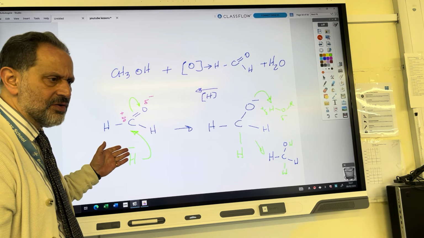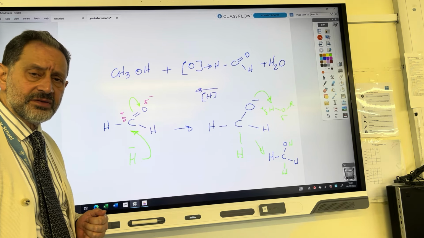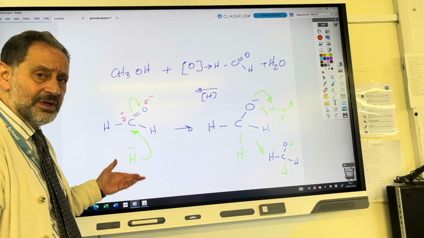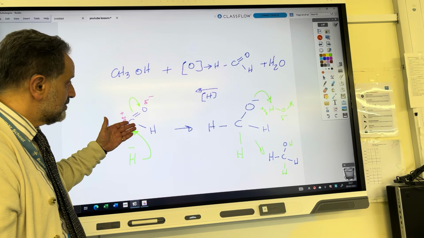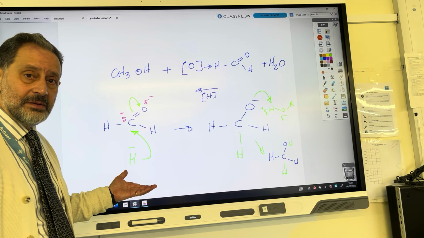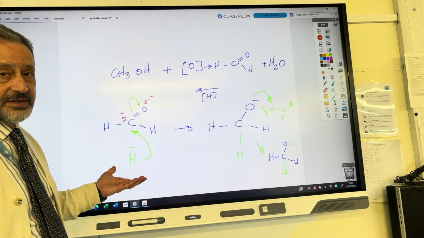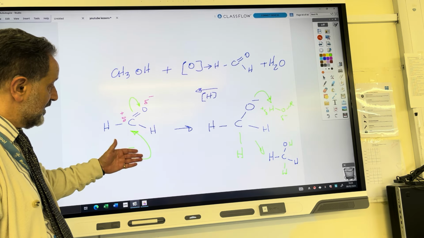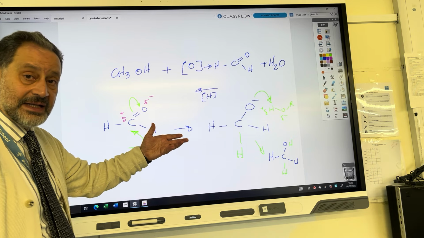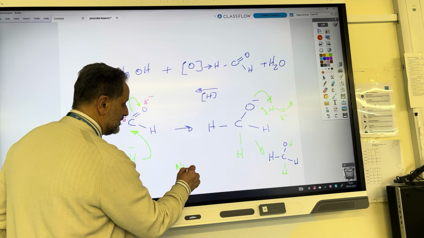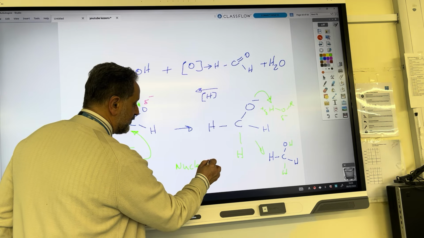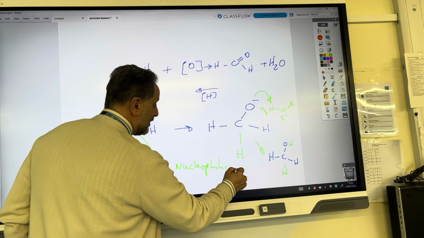Or is it just going to go in there and add itself across? It just goes in there and adds itself across, doesn't it? So it's a nucleophilic addition. It's not substituting anything, is it? It's nucleophilic, and it's added itself. So nucleophilic addition.